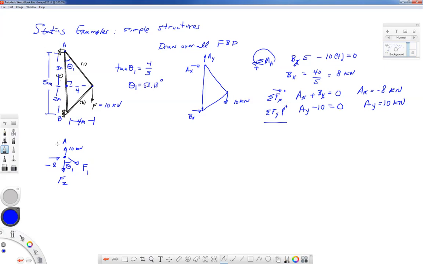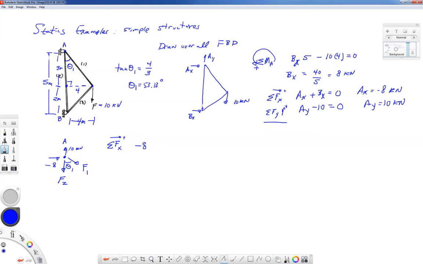So now when we go to this pin at A, we're going to do our equilibrium equations here. We're going to do the summation of forces in the x direction. We have -8. So even though this arrow is pointed in the right positive direction, the value is -8. So that's why I have it here as -8.